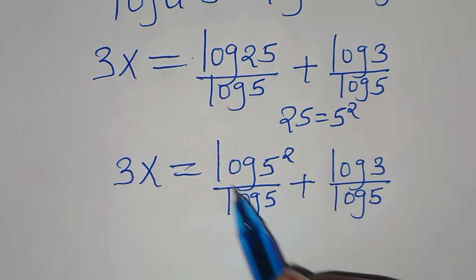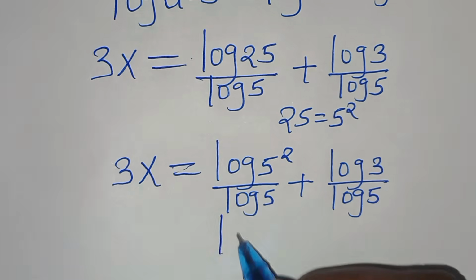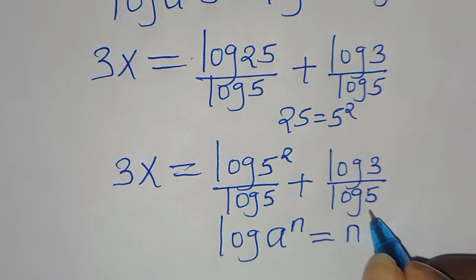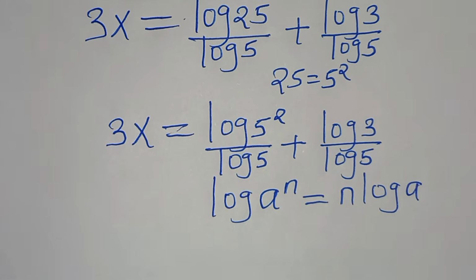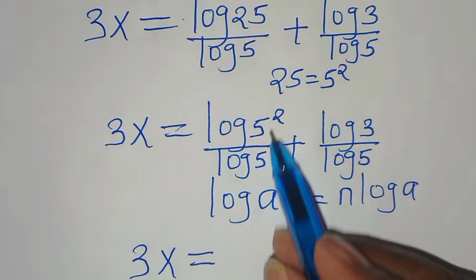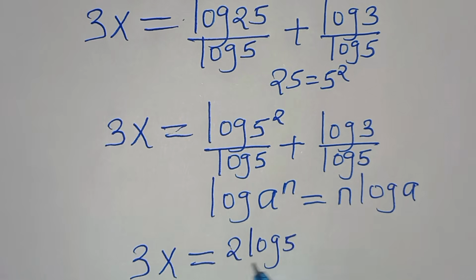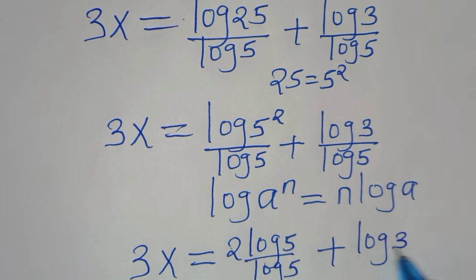Now, here we have to apply the power rule property of logarithm such that log a to the power of n, this is the same thing as n log a. And therefore, we have here 3x, this is equal to log 5 to the power of 2 becomes 2 log 5 divided by log 5, then plus log 3 divided by log 5.